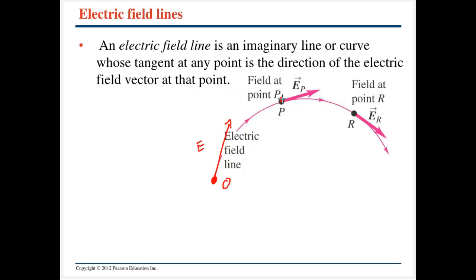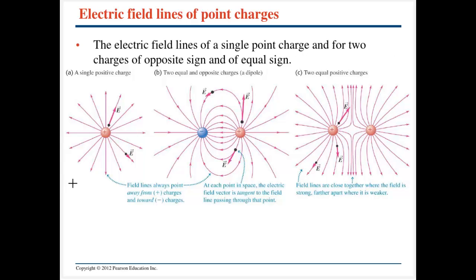At some later point, point P, my electric field will be pointing in this direction, and at some later point, point R, my electric field is in that direction. Then I can create this imaginary line that's going to connect all these 3 points and say that my electric field is more or less flowing in the direction of the line that I just illustrated in blue.